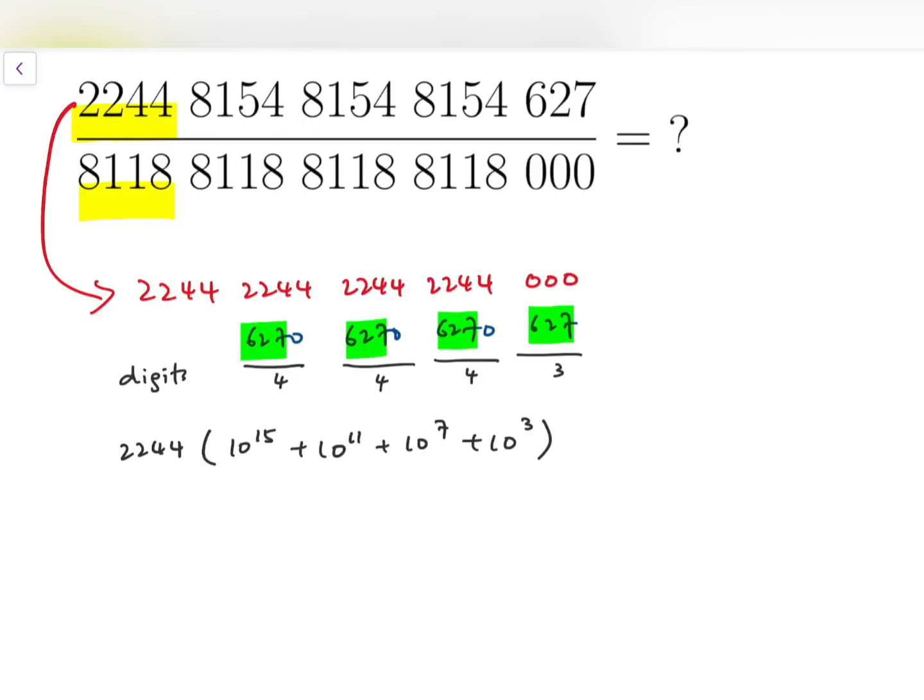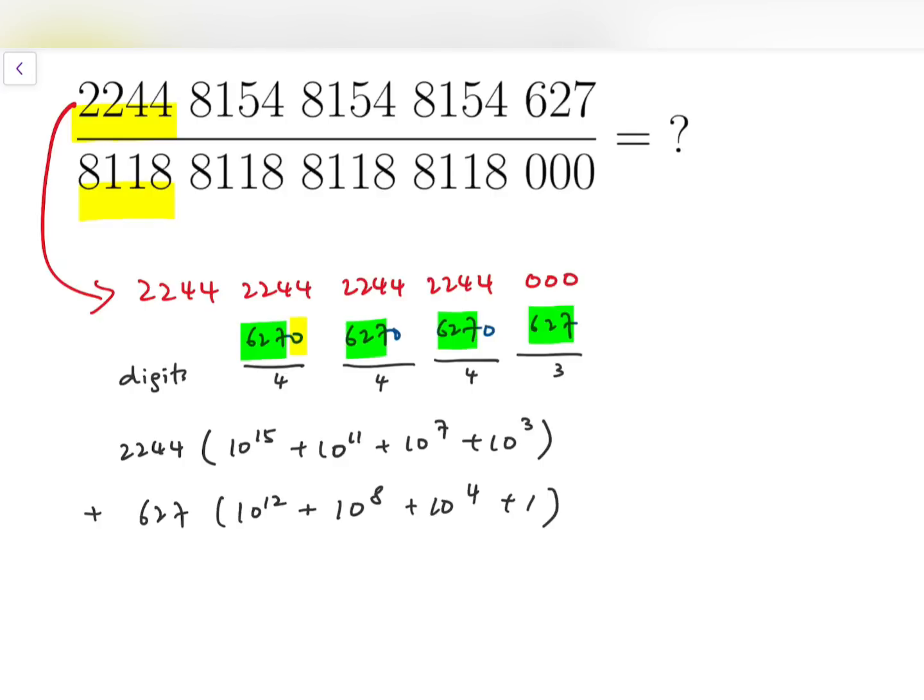While for the second part, I can write that as 627 multiplied by 10 to the power 12, 10 to the power 8, 10 to the power 4 plus 1. Because for the first 627, the first block labeled in green, there are actually 3 plus 4 plus 4 plus 1 digits next to it.